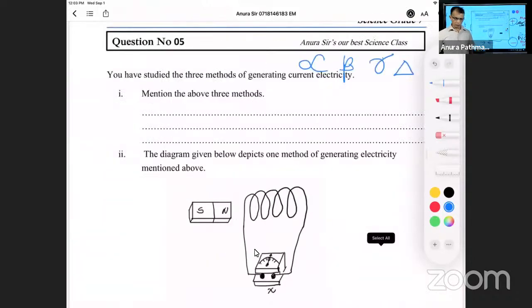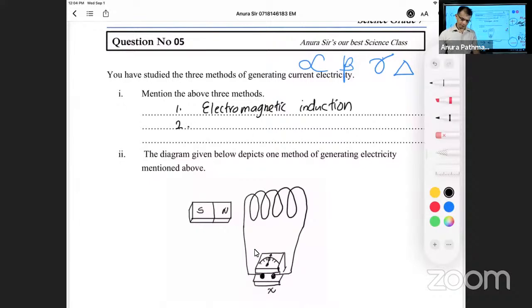Question number 5. You have studied the 3 methods of generating current. First, electromagnetic induction.